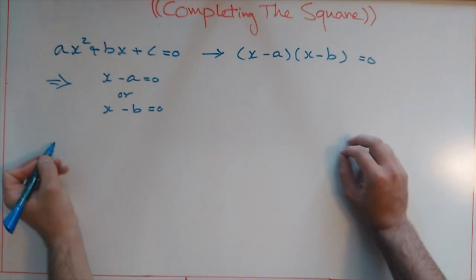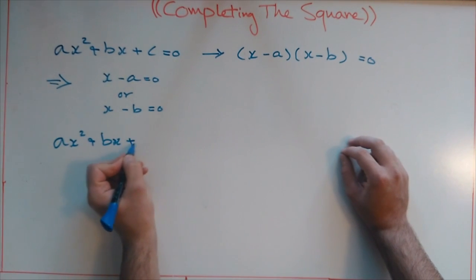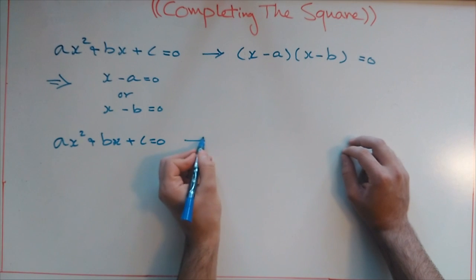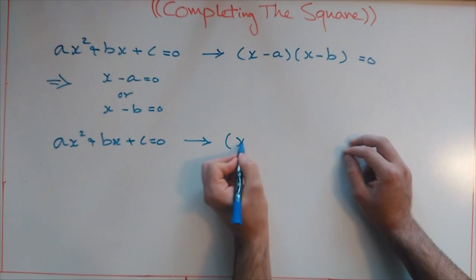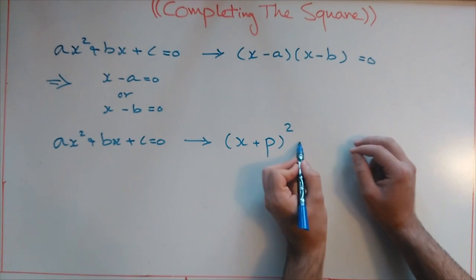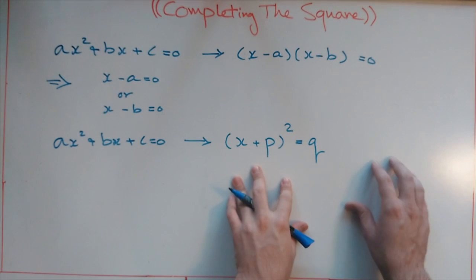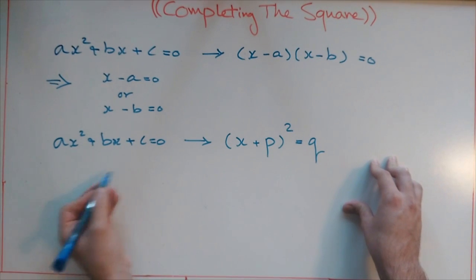In this method, we change the standard form into another form, which is x plus a value like p squared equals q, which is another value. So this method is called completing the square.